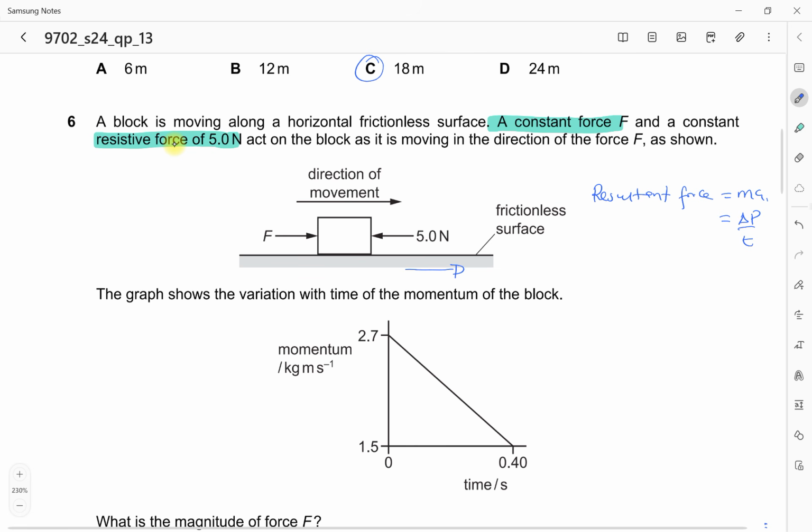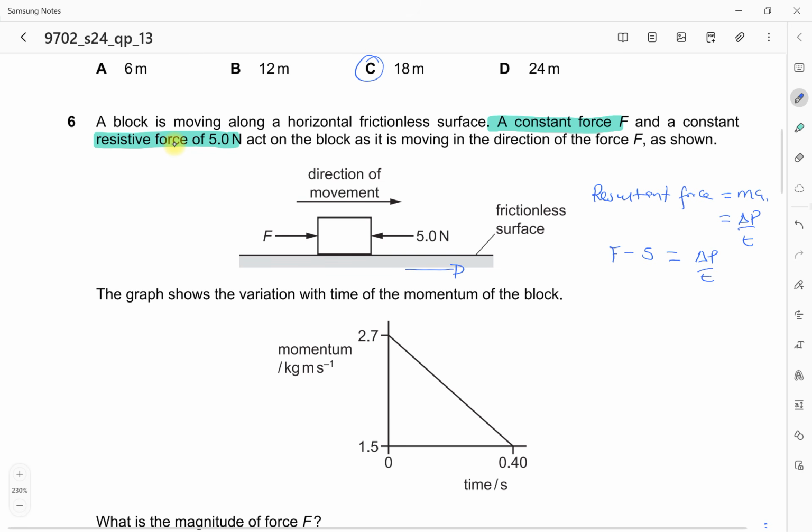Because the motion is to the right, I will assume the resultant is to the right. So the resultant force is F minus 5, which should be equal to the rate of change of momentum, change in momentum over t.